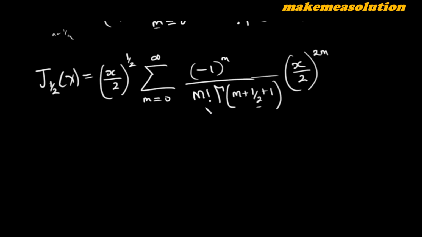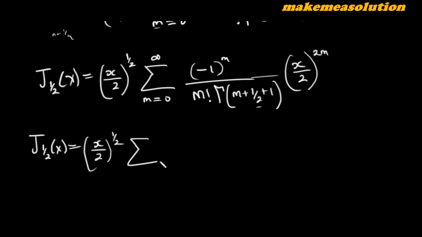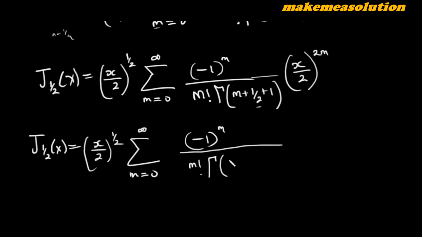This translates to J_{1/2}(x) equal to (x/2)^{1/2}, then sigma m equals 0 to infinity of (-1)^m, m factorial, gamma of m plus 3/2, then (x/2) raised to the power of 2m.